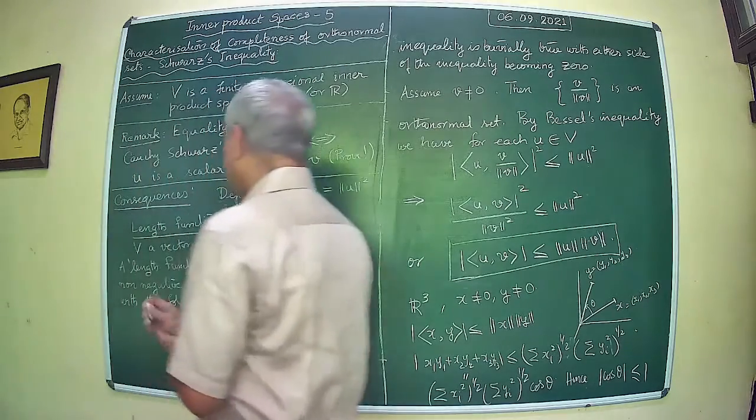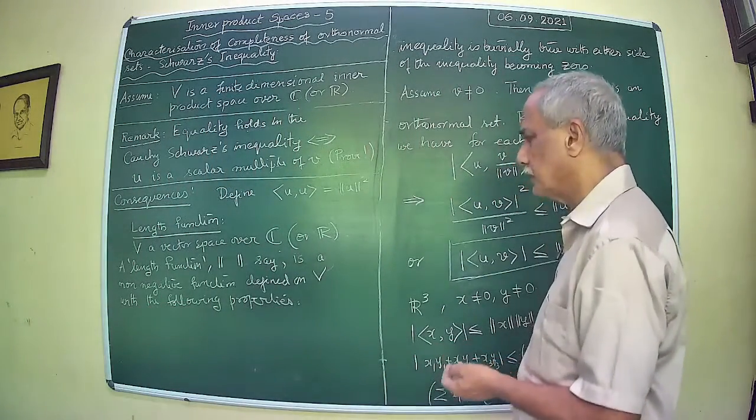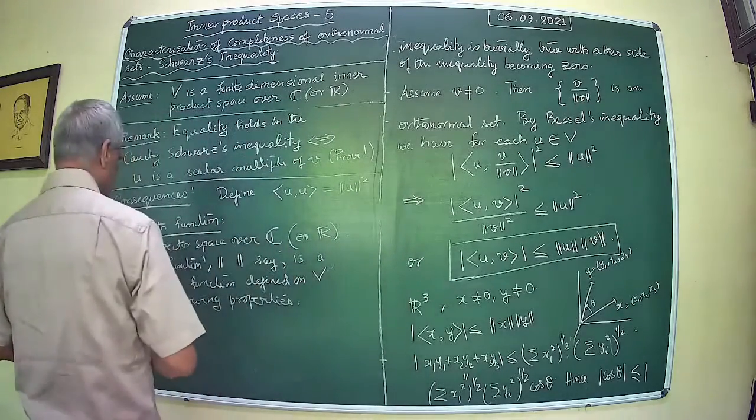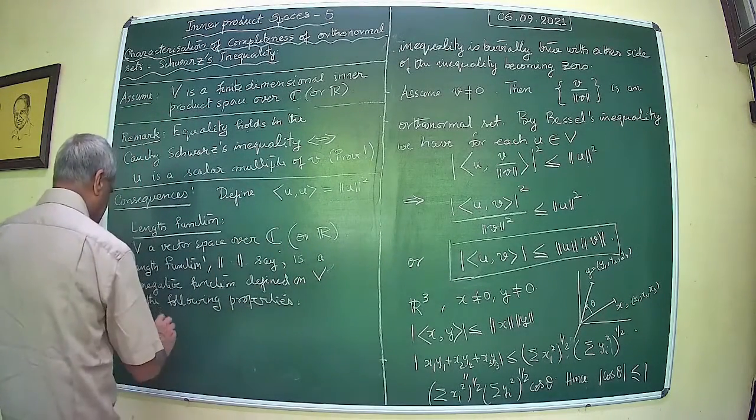We are working on a vector space, so you have two operations, namely addition and scalar multiplication.